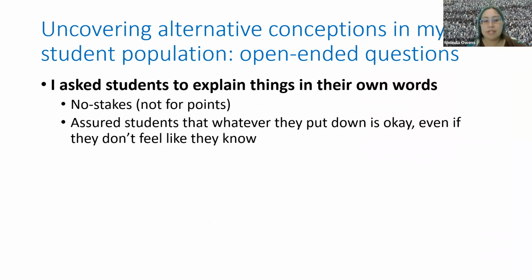Even if they feel like they don't know, anything they put down is okay. They probably have some ideas coming from somewhere, from what they've heard, what they've learned before, or even just living in their own bodies and seeing things happen. So, just asking open-ended questions and letting the students share their ideas.